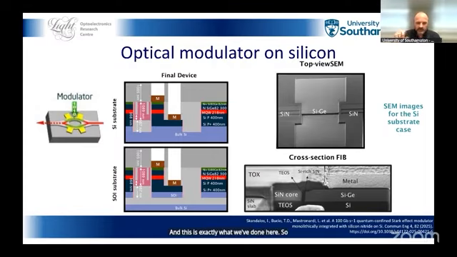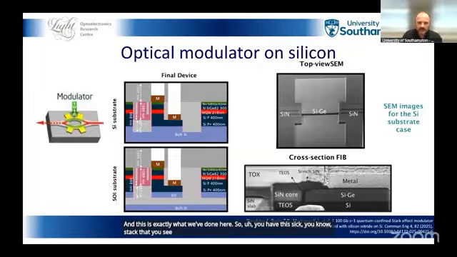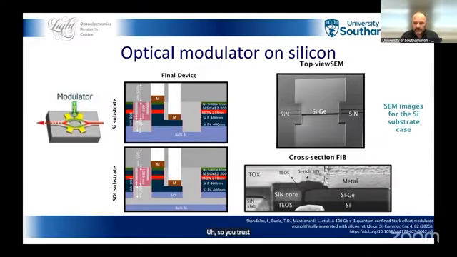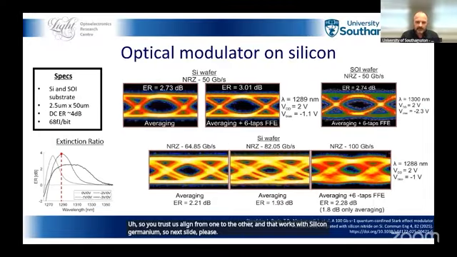You have this thick stack that you see in the middle, and you try to couple that to a silicon nitride waveguide, and you can see a cross section at the bottom right. So you transfer the light from one to the other, and that works with silicon germanium. Next slide, please. That gives you extremely efficient modulation, 50 odd microns long, in the O-band. That's quite difficult to achieve with electro-absorption modulators in silicon, because you need a quantum confined Stark effect.